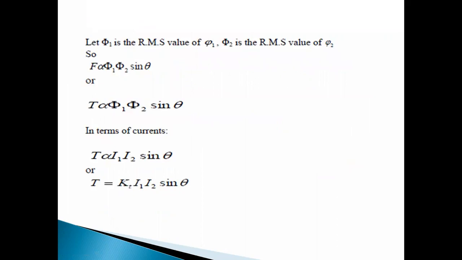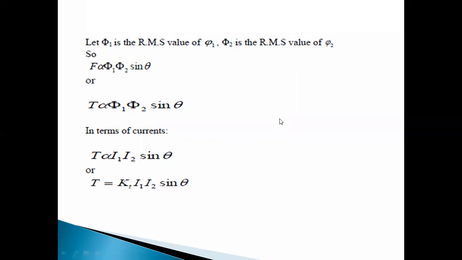Let phi 1 be the RMS value of phi 1, and phi 2 the RMS value of phi 2. So F is proportional to phi 1 phi 2 sine theta, and the same equations are there, only the RMS values are taken. And in terms of current, this torque equation can be written as torque is proportional to I1 I2 sine theta.